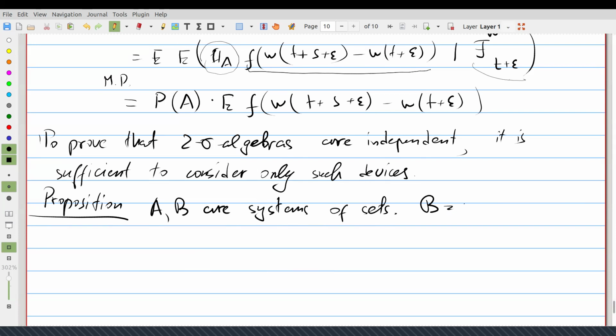Sigma of B is the sigma algebra generated by B, and B is a P system, and A is already a sigma algebra.